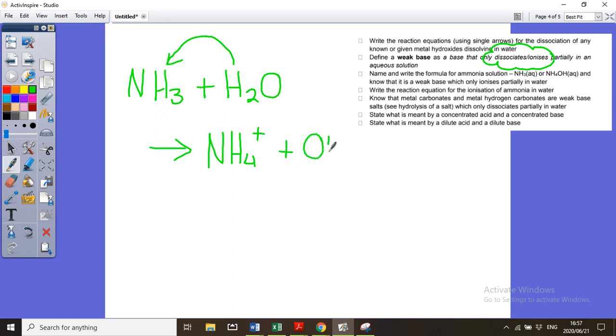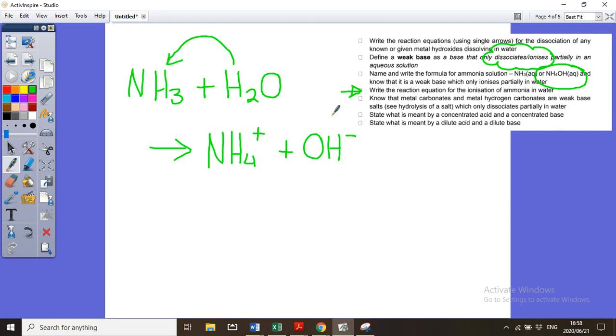And then what I've got left there is my OH minus. So the NH4 plus and the OH minus is sometimes also written as NH4OH, which is ammonium hydroxide. But just remember that it is just ammonia. And when ammonia ionizes in water, this is the typical reaction that you will see. And that is important for you to know.